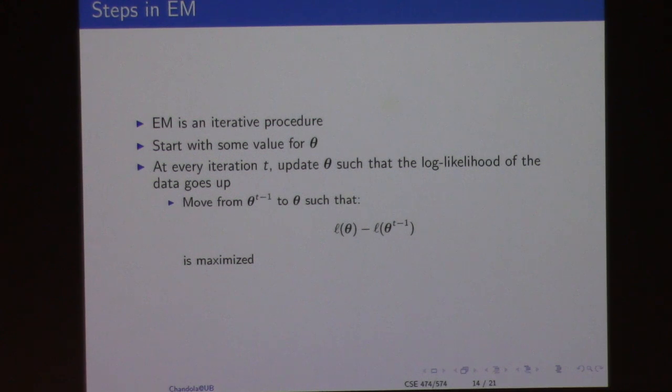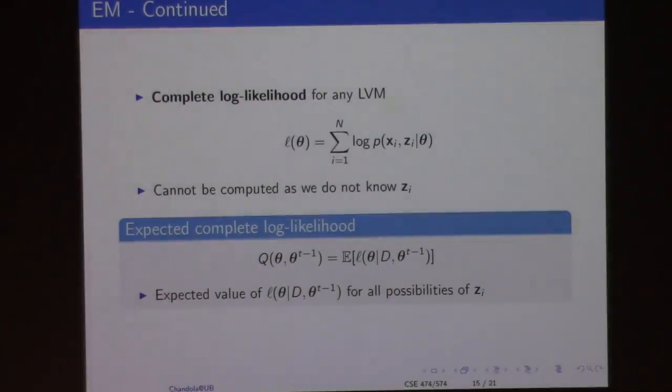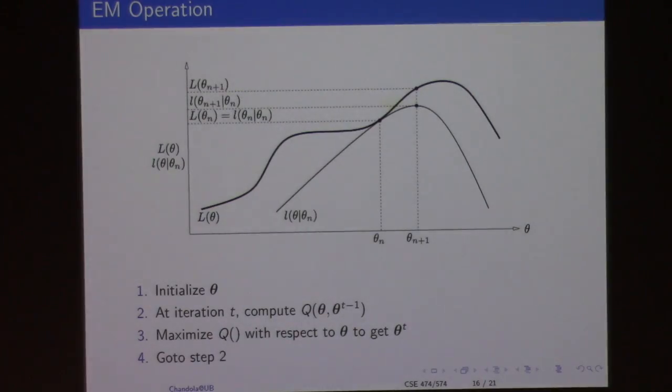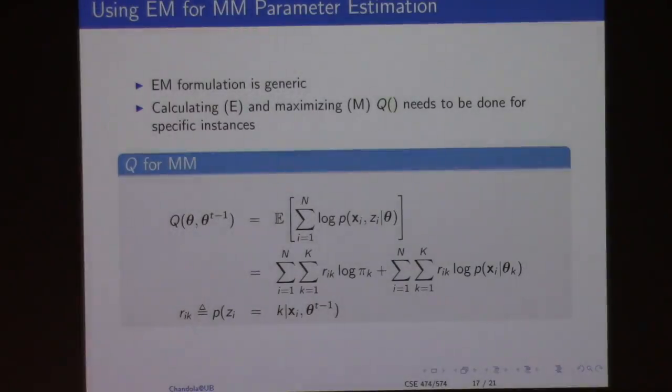So that is our Q function. That is a function that is convex, and that is the function that we will now optimize to get a new value for our theta. So this is how EM works, right? You start with some estimates for theta, compute the expected log likelihood of your data, both hidden and observed variables, for x's and z's, and then you try to maximize over it and keep doing that. So there is an E step where you compute the expectation, and the M step where you maximize it, right?